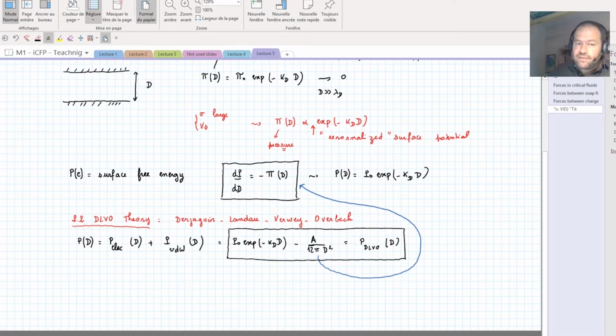In the case of van der Waals forces, I have calculated the surface free energy, and I could also calculate the disjoining pressure, which is P over D for van der Waals forces. And this disjoining pressure will be, using this equation, minus A divided by 6 pi d to the power 3.